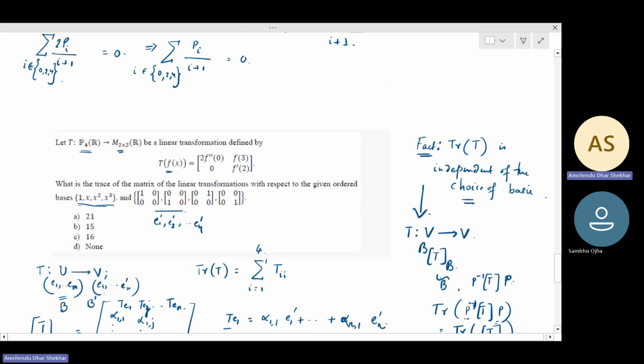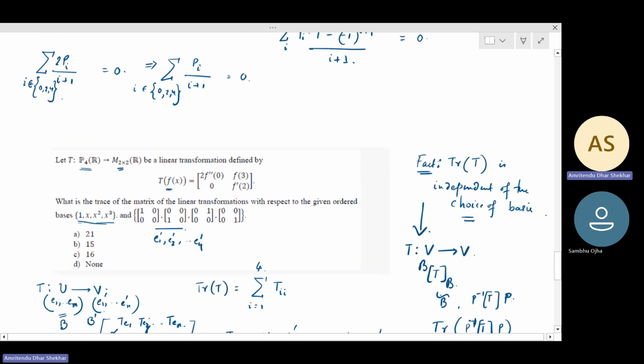However, in this case, the linear map is not between vector spaces which are the same. So on the left, this vector space is P4, and on the right, the vector space is M2 cross 2. So they're not the same vector space.